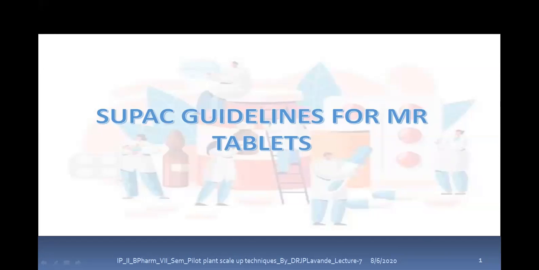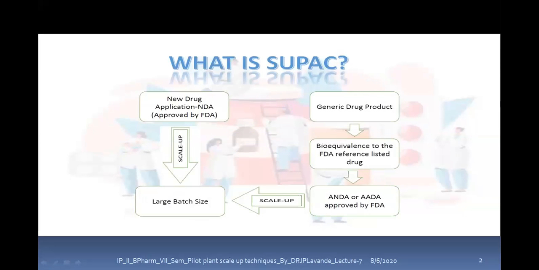Based on the severity, significance, and intensity of the changes, three different levels of changes are there, that is level 1, level 2, level 3, based on significance and severity at the formulation level. All these are the details that we already covered in our previous lecture.